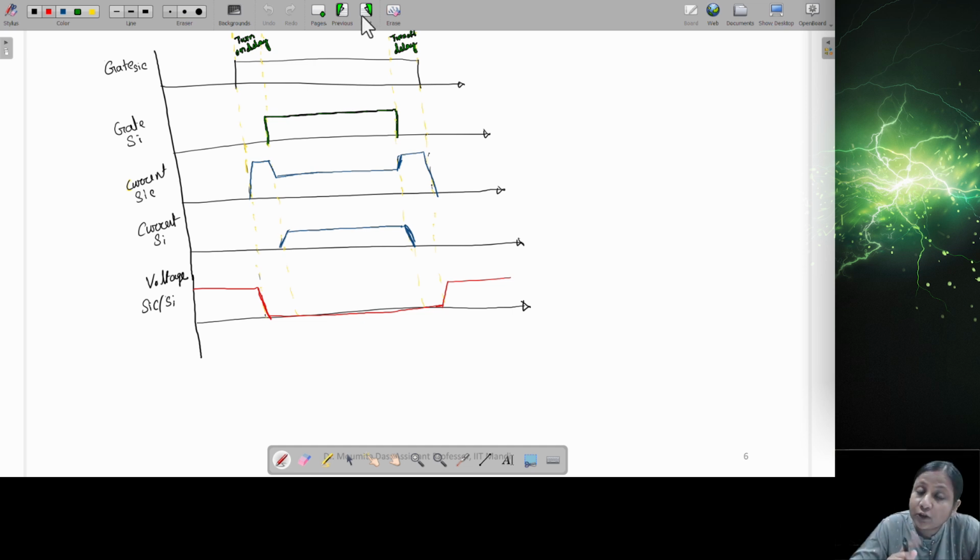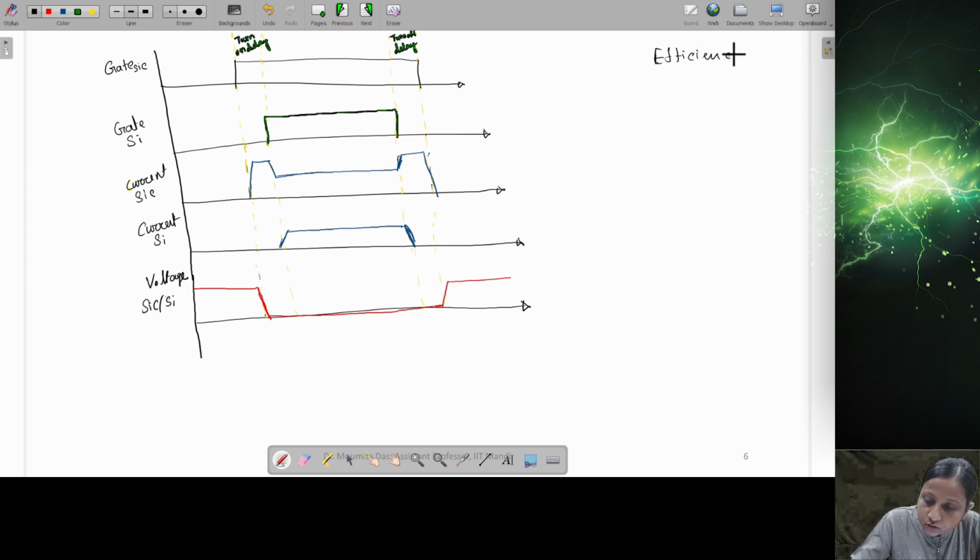Now by using this gate switching signal, we can see the switching losses are reducing and efficiency is increasing. How is the efficiency increasing? Efficiency is increasing by 2% in light load.